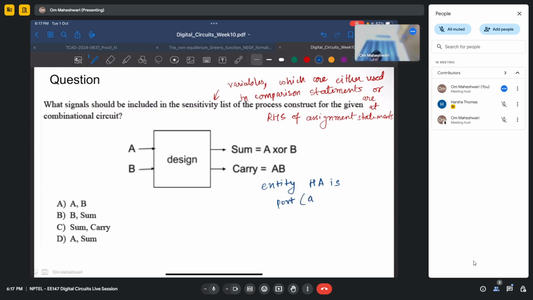A is input bit, B is input bit. Similarly, sum is output bit, carry is output bit. Then we end this.